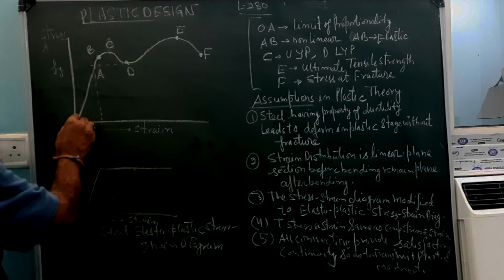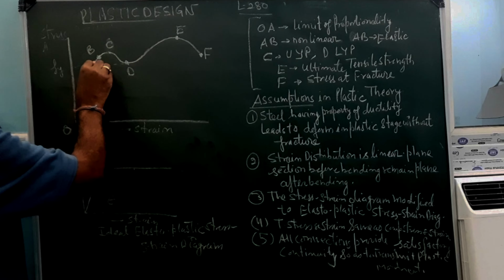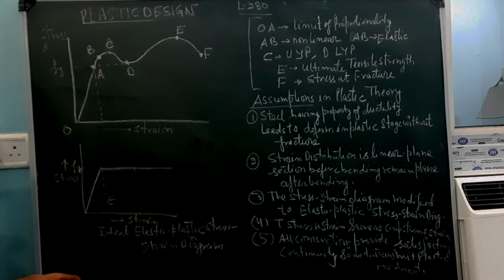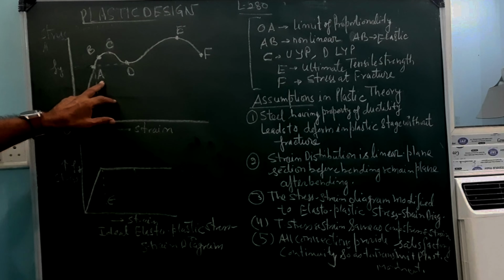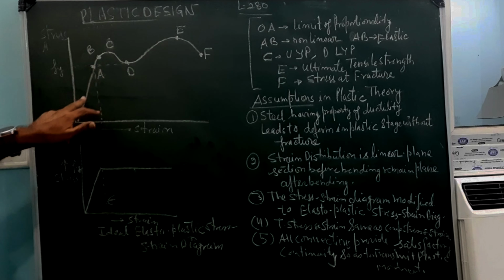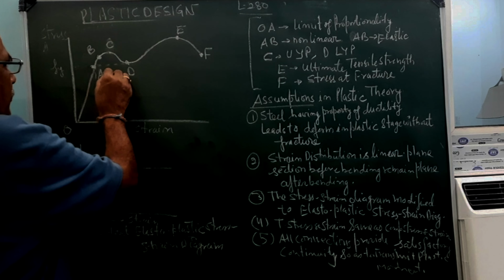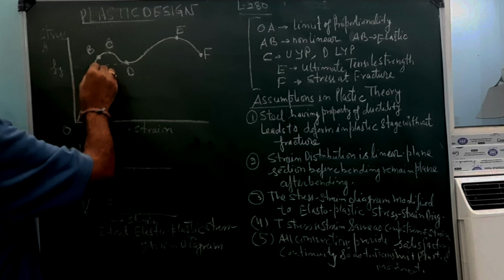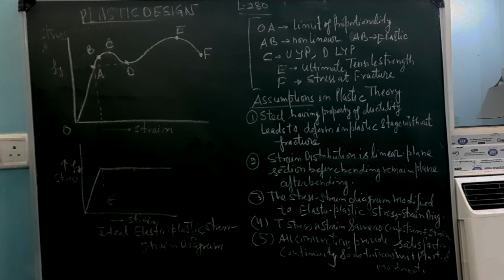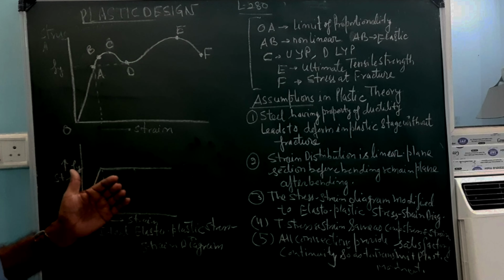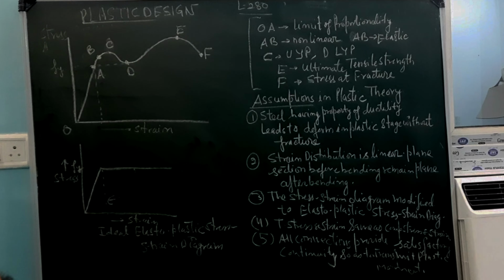So point O to A is called the point of proportionality. That is, OA follows the limit of proportionality. A can be said as a proportional limit. So there is a proportion. Proportion means the stress which is removed will be recoverable and strain will disappear.